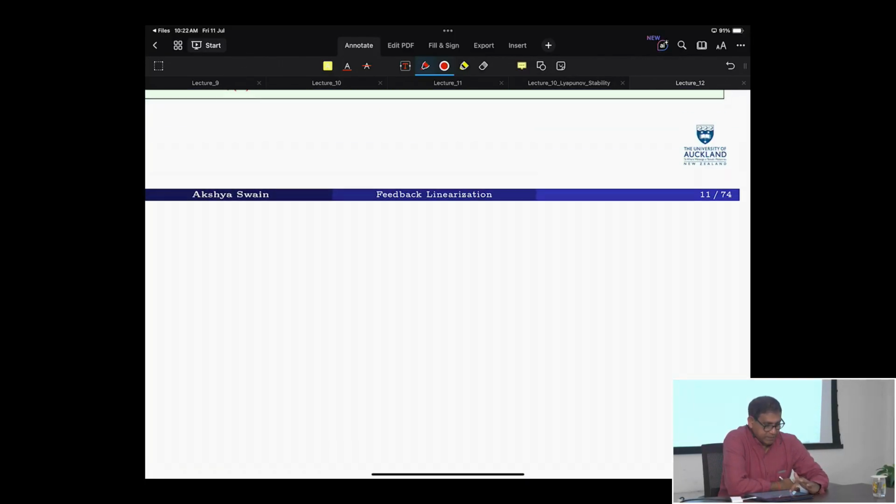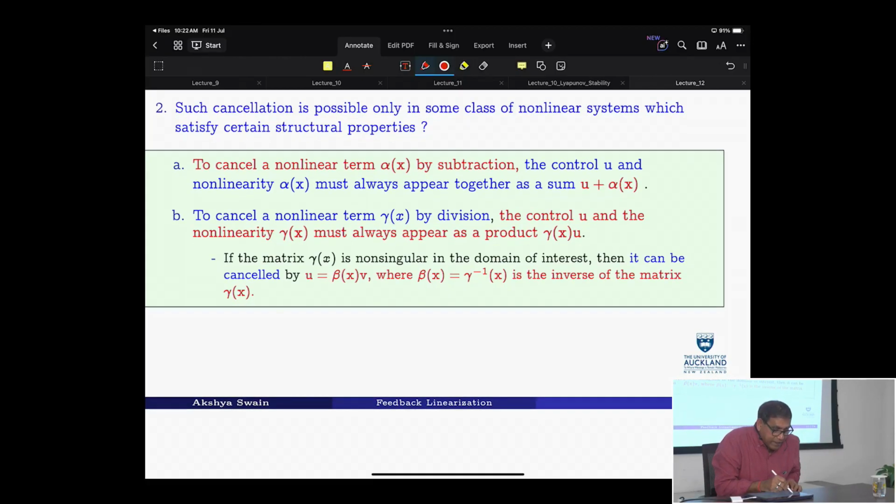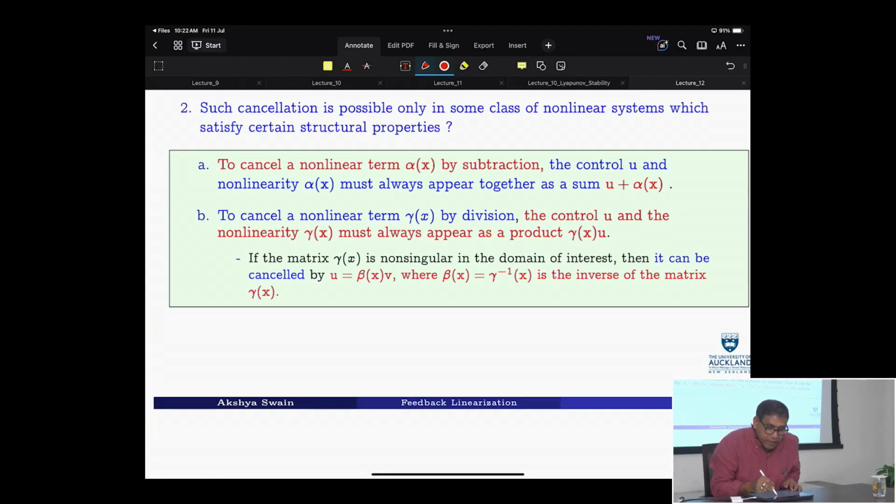I'm just reading these things here. To cancel a nonlinear term alpha(x) by subtraction, the control u and the nonlinearity alpha(x) must always appear together as u plus alpha(x). See, I want to cancel something. If that nonlinearity is added, then I can subtract it. If it is multiplied, then I can divide it, right? That is what he is saying.